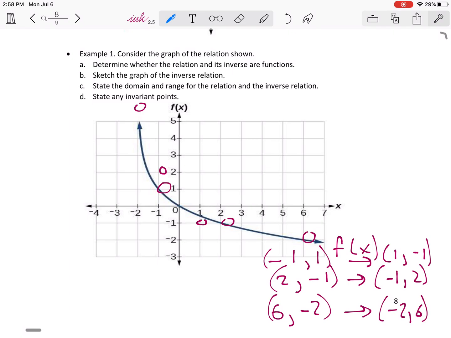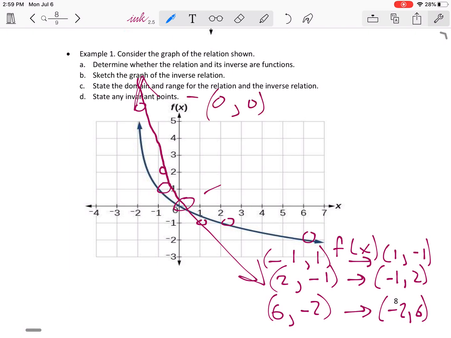It'll sort of look like this. Okay, it's a little bit messy, but I'm trying to show the invariant point is going to be right here at the middle, (0, 0). Even though it doesn't show up that well on the one I've drawn here, that would be your invariant point, (0, 0).